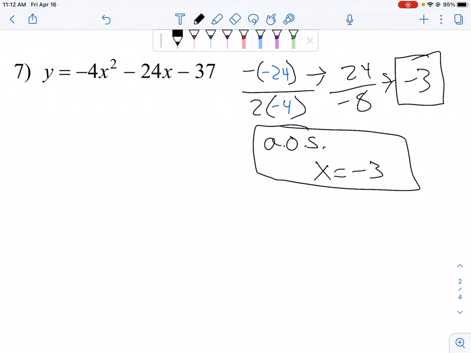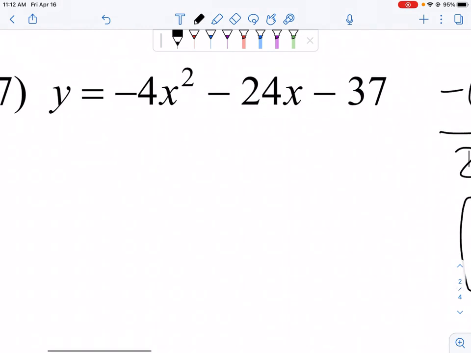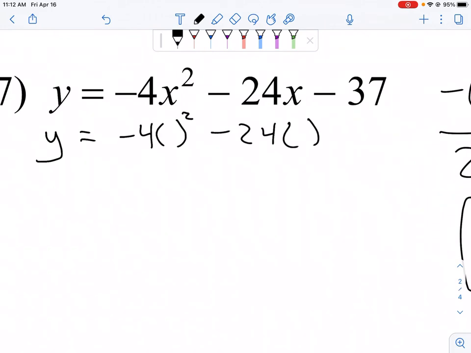Now I'm going to see what happens if I replace x, but I'm going to replace it with a negative 3. And I'm following my order of operations.